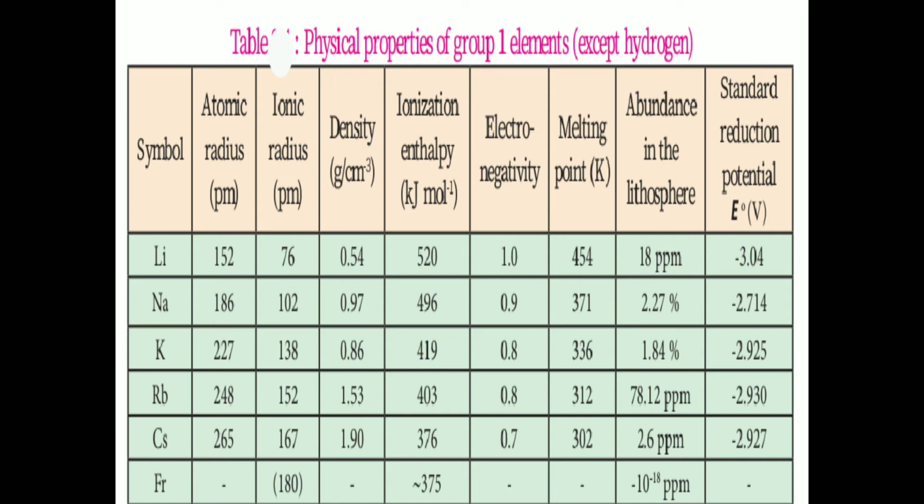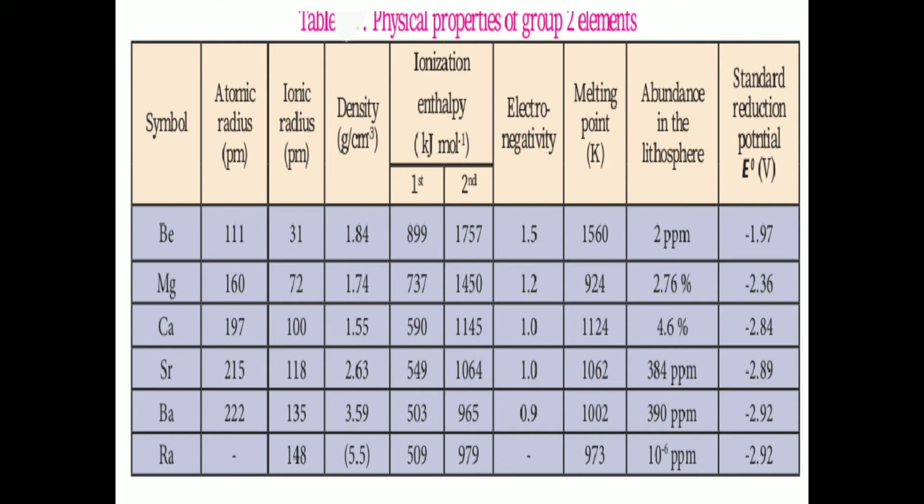This means that every time we go down the group, the atomic radius goes on increasing because a new shell is opened. Similarly, the trend is found in group 2, that is beryllium, magnesium, calcium.